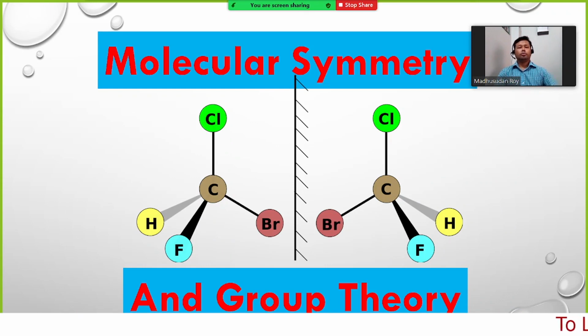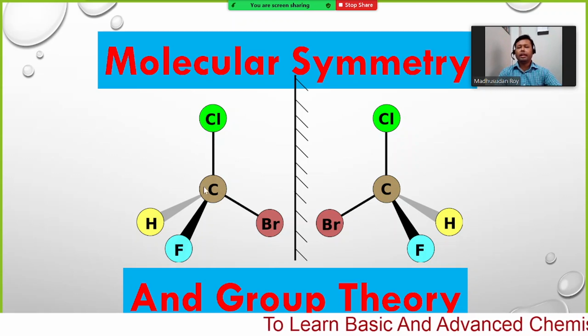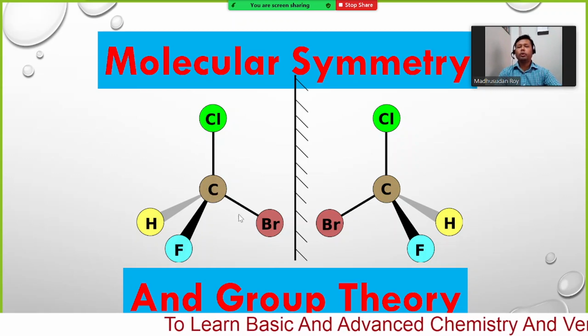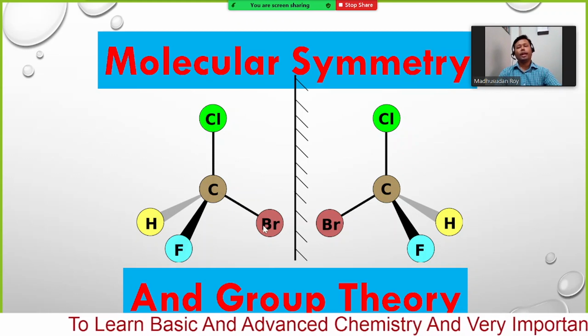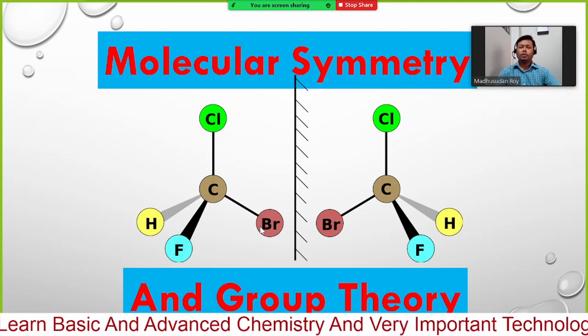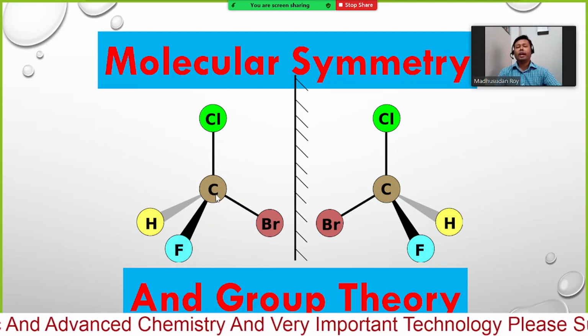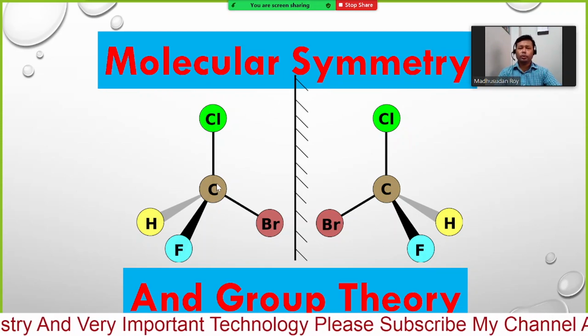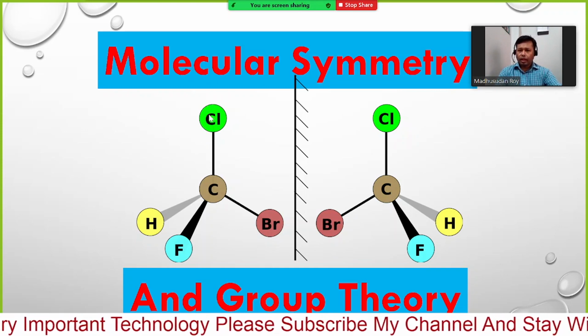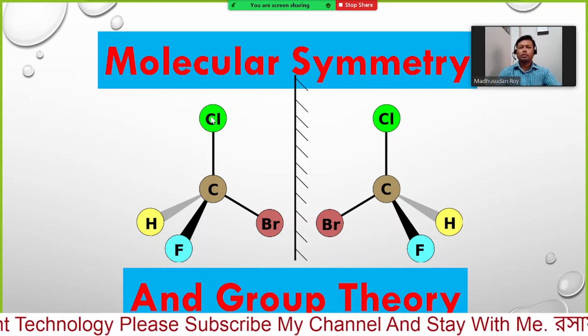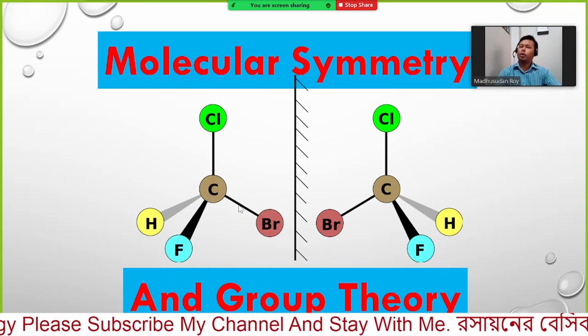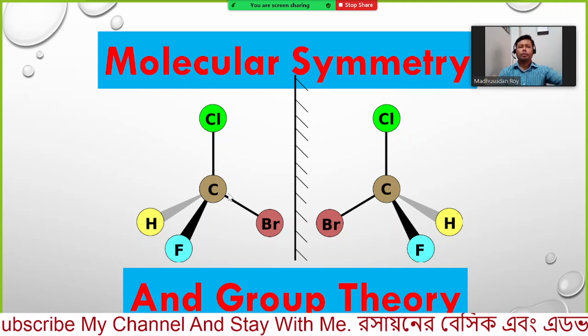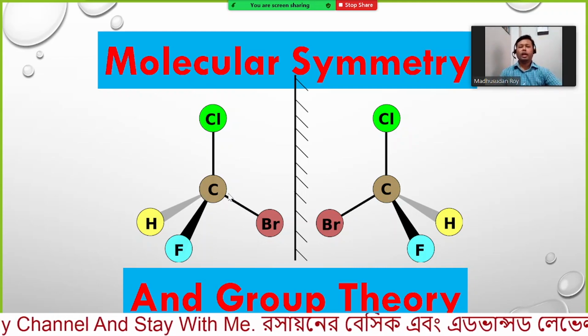Here is a molecule with a carbon having four different groups or atoms attached to it. If you try to find any symmetry, and you want to rotate along the carbon-chlorine bond, what will happen?